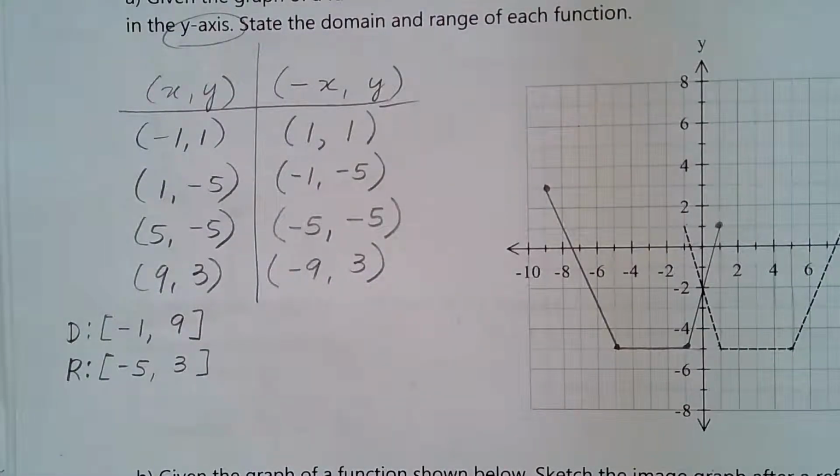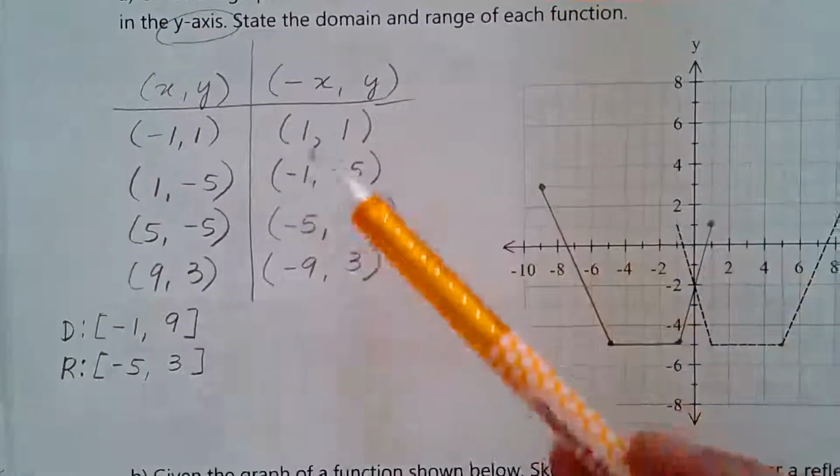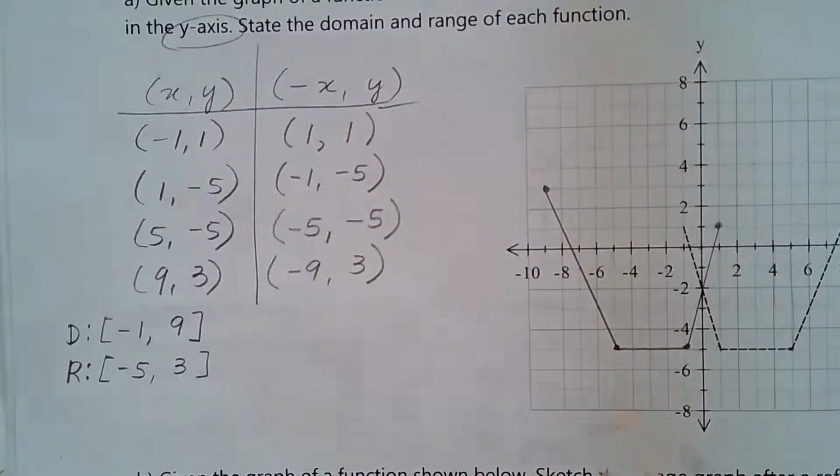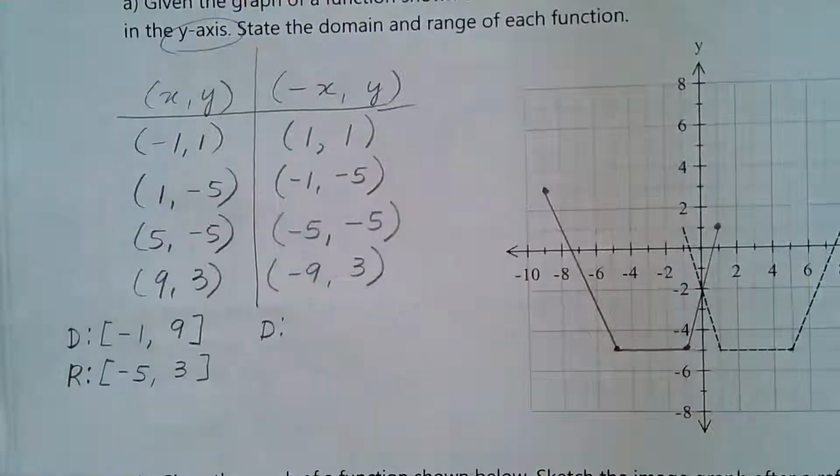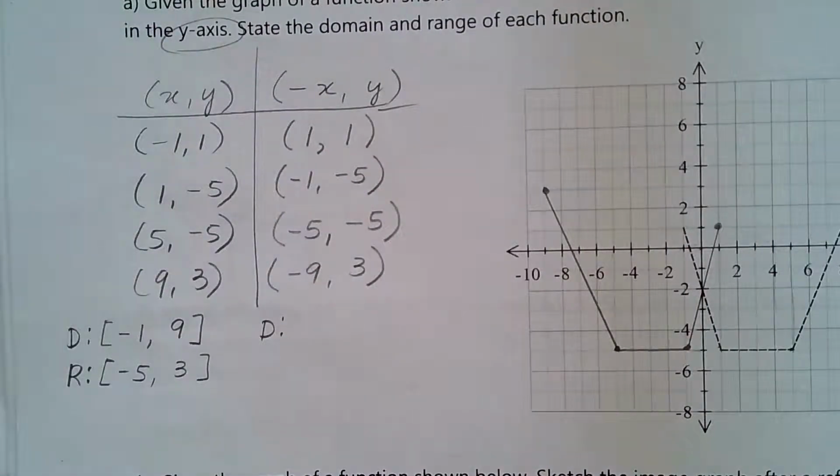So far so good. Now, what is the domain and range of the image? The reverse. Excellent. I was just going to say, what's the relationship between the two of them?